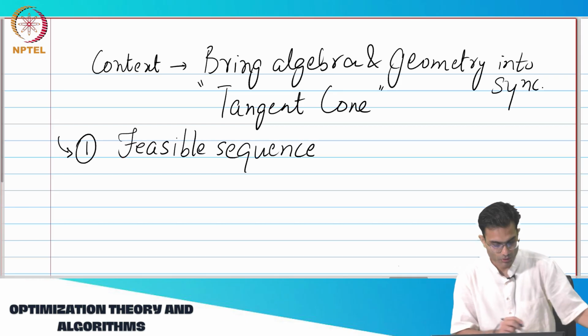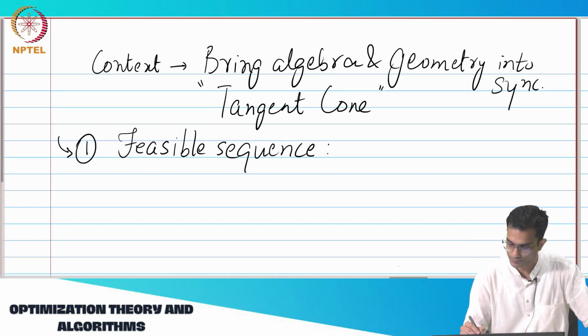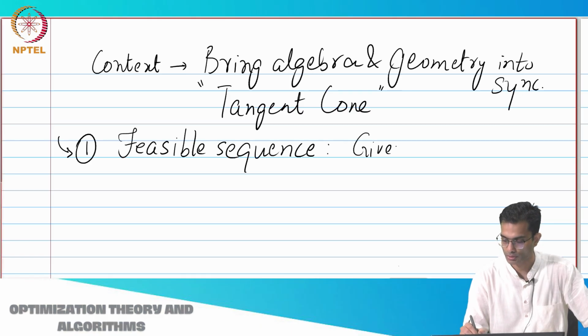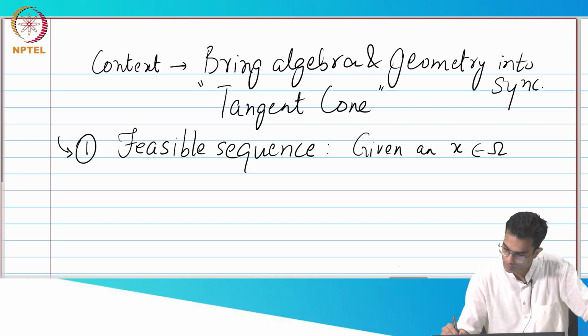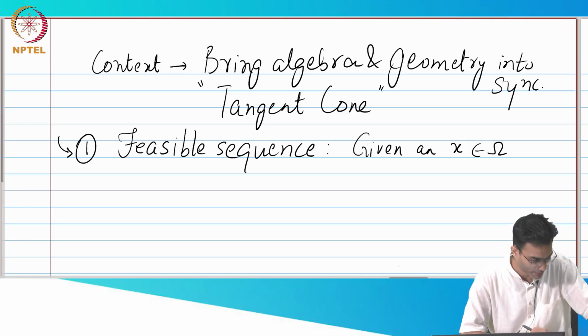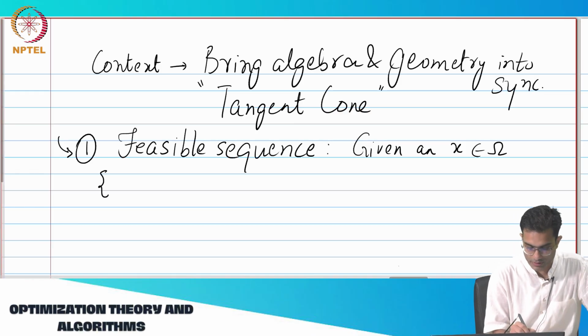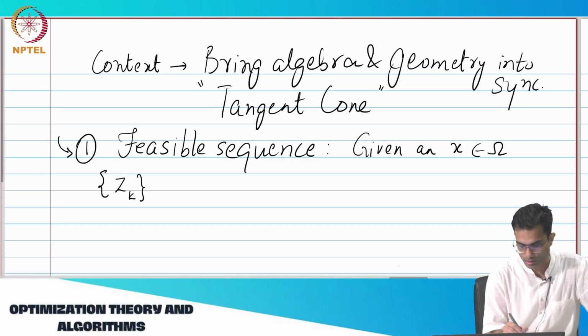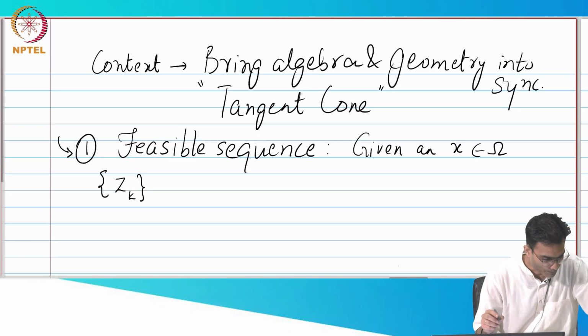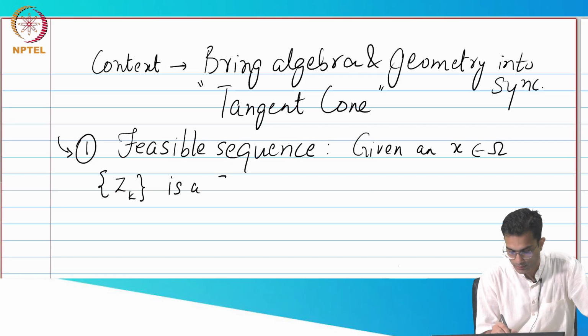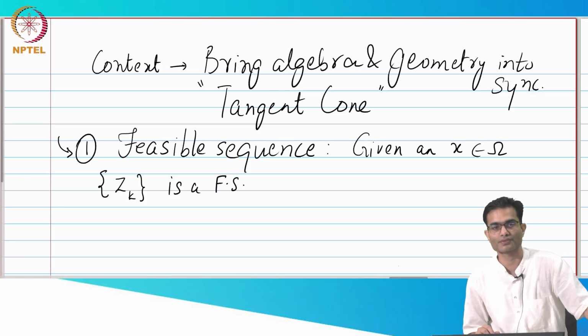Okay, so the way I define it is, I take a point x which belongs to the feasible set to start with, and the feasible sequence, remember a sequence I denote with these curly brackets, right. This is a feasible sequence, fs for short.